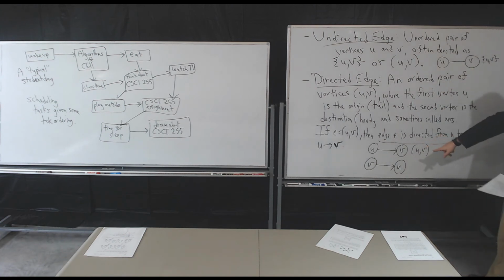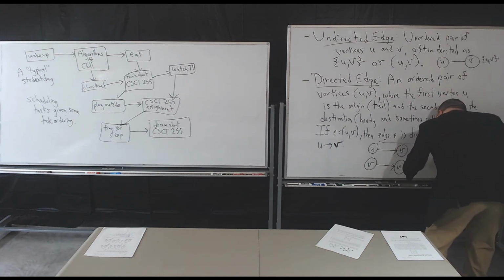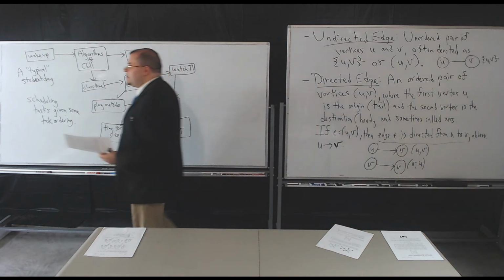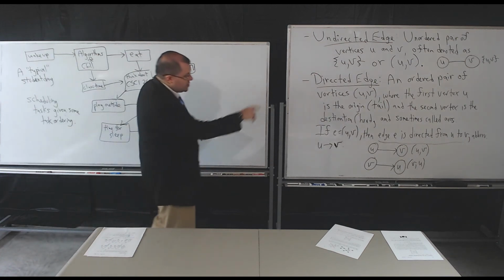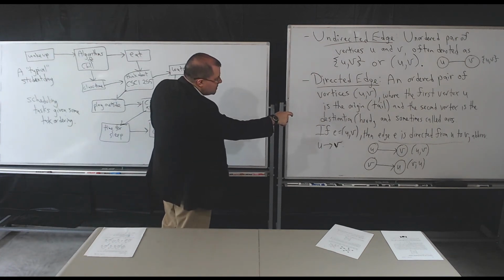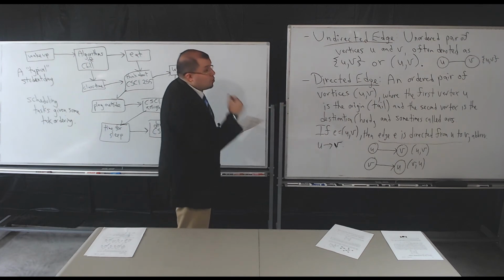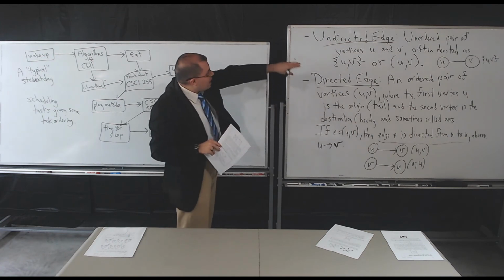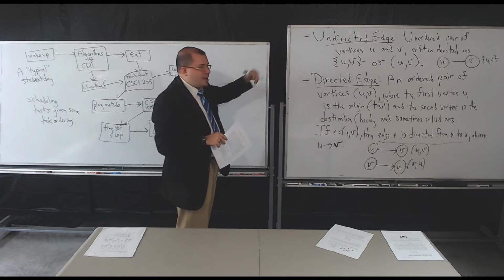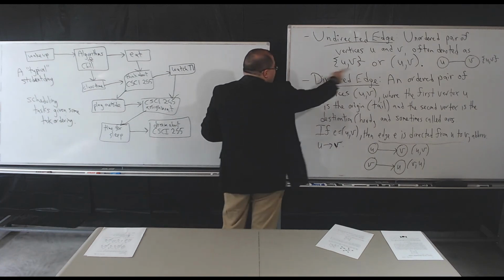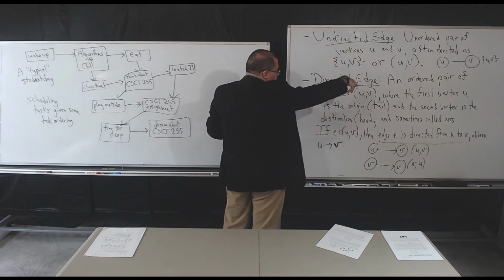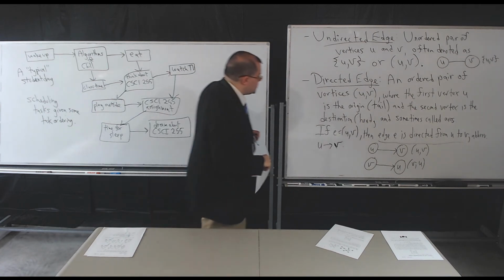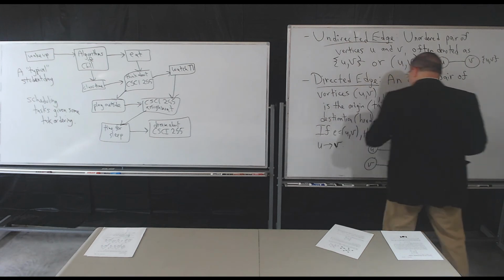If it's from V to U, the edge is (V, U). Anybody familiar with a little bit of set theory would recognize why I prefer using the round parentheses for the directed edges, because the order matters. It helps remind you that the edge's order matters. Like I said, you can use either of these, just make sure you're clear. If you get really confused by this, don't worry. You just write (U, V) with the round parentheses, and that's cool. Just make sure you're clear, okay? Oh, I forgot to close parentheses there.